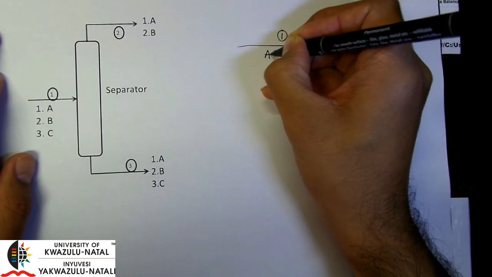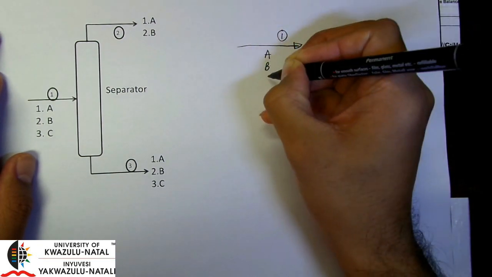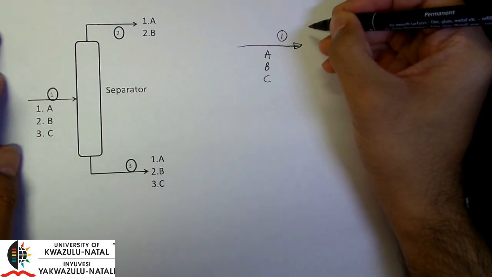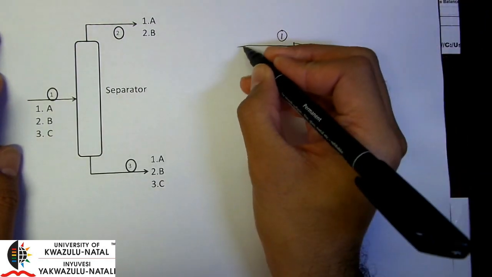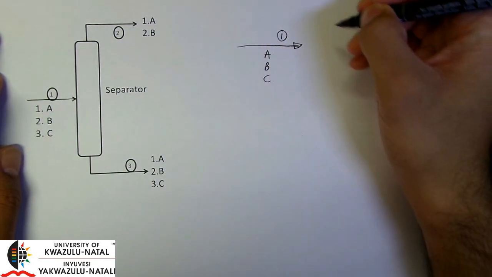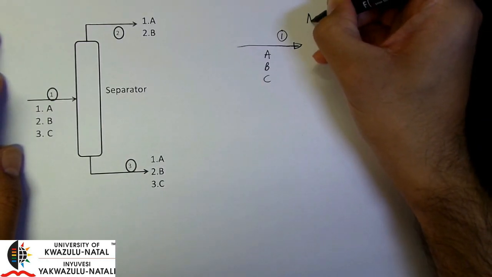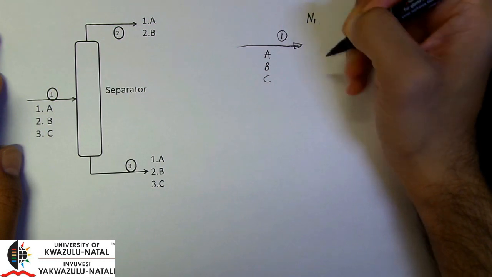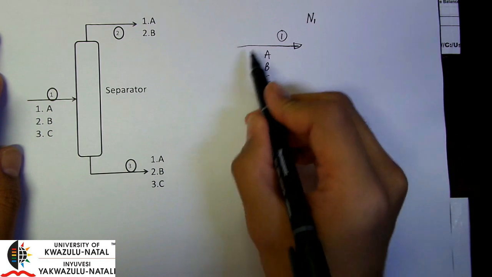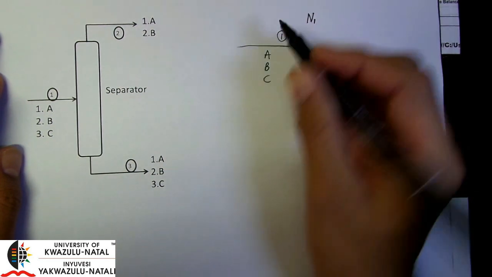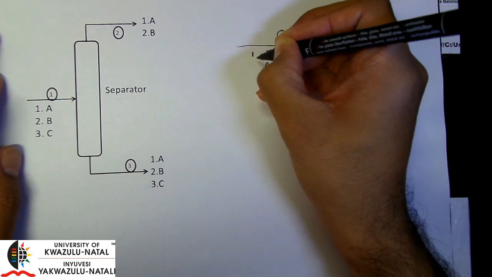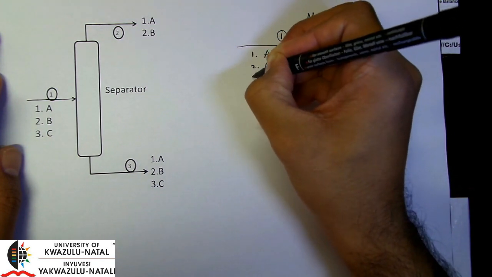And it contains components A, B, and C. Now the total molar flow rate of the stream, we can state to be N1. So that's the total molar flow rate of stream 1. Note that I have components A, B, and C. I can number them 1, 2, and 3.